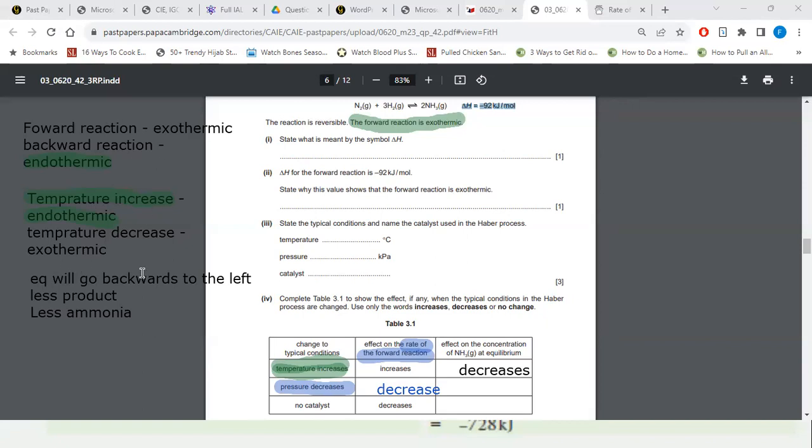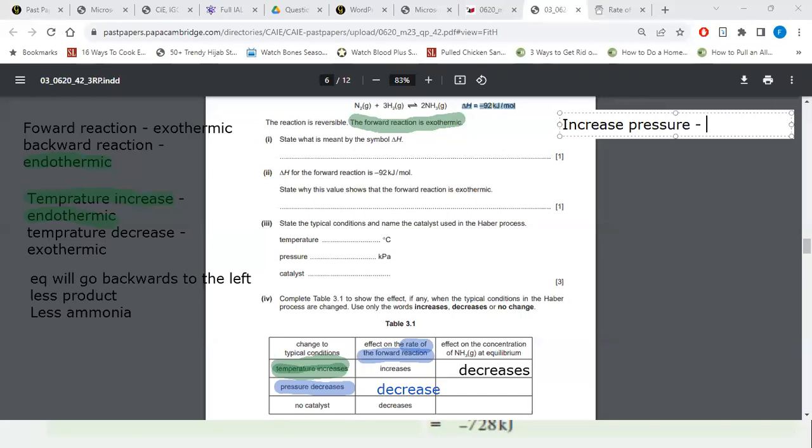Next, they're asking about the effect on the concentration of ammonia. Now, this is the topic that you're doing right now. What did we study about the topic of equilibrium? How does pressure affect it? When I increase the pressure, where will it shift?